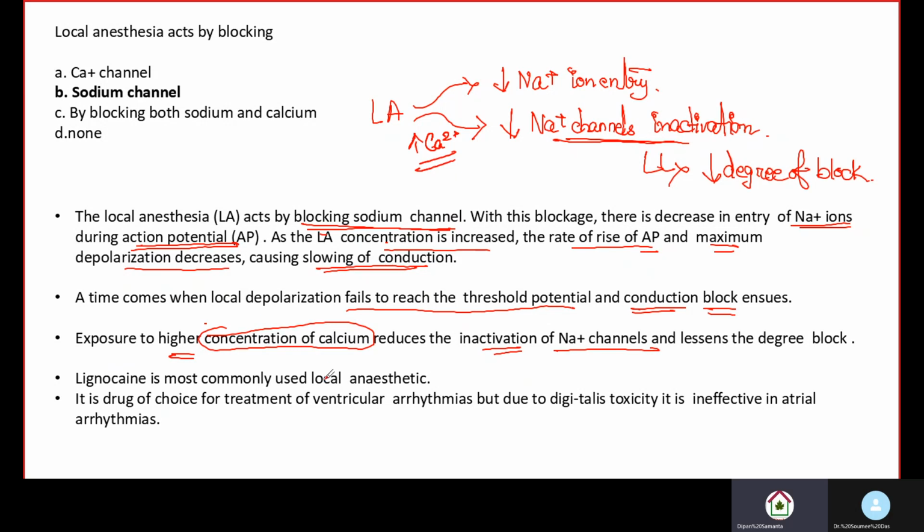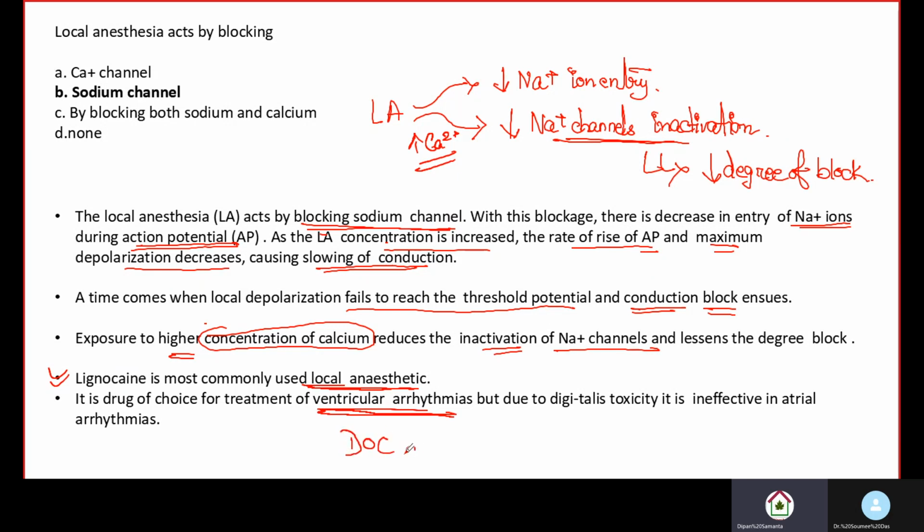Lignocaine is the most commonly used local anesthetic agent. It is the DOC for the treatment of ventricular arrhythmias, very, very important.